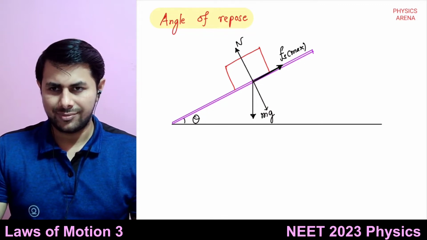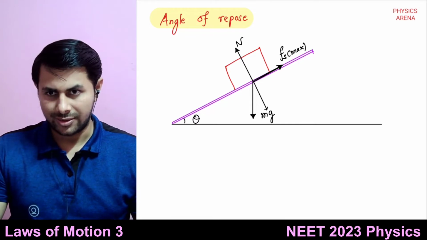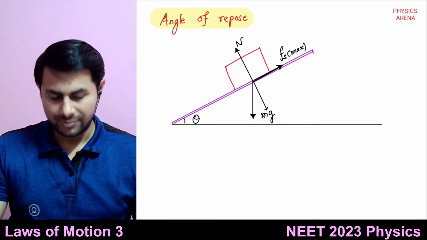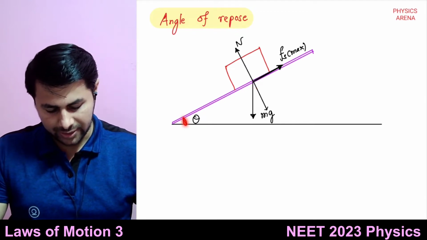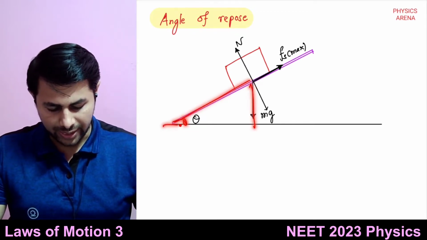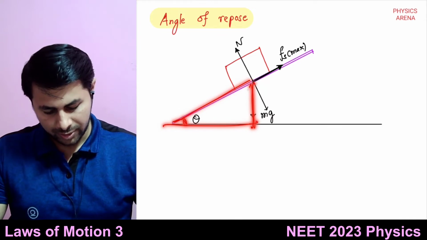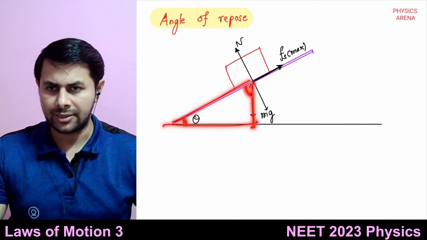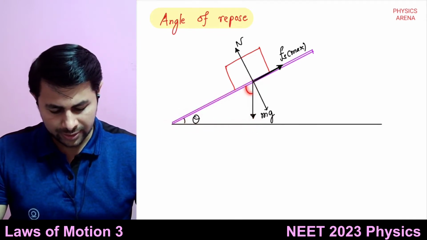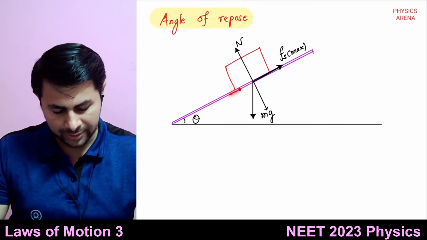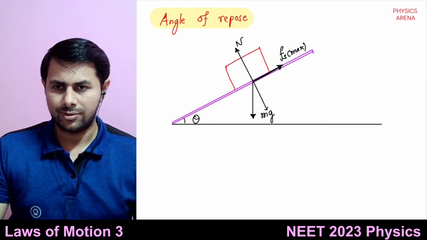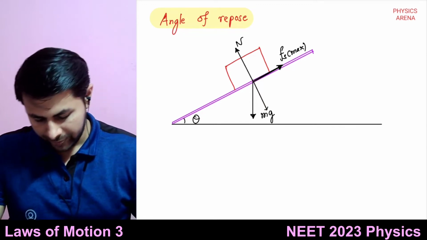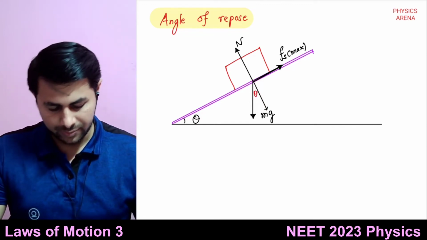Right, Sanjay? How? This is your right angle triangle. So this angle will be 90 minus theta, and since this is 90 minus theta and this is 90 degrees, this will be theta. Right? So this angle is theta.